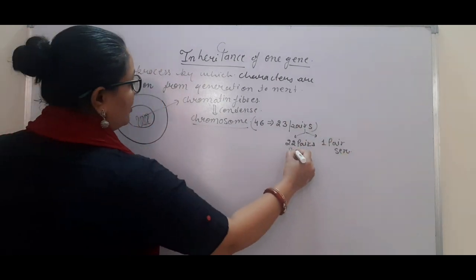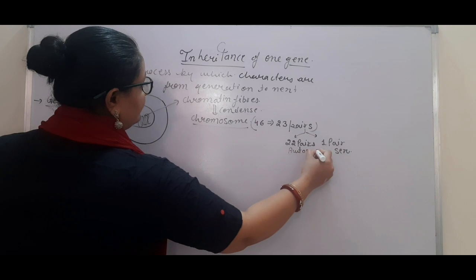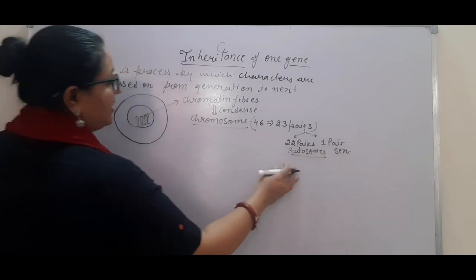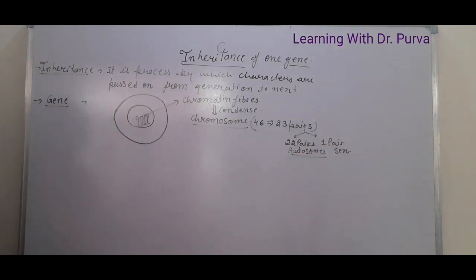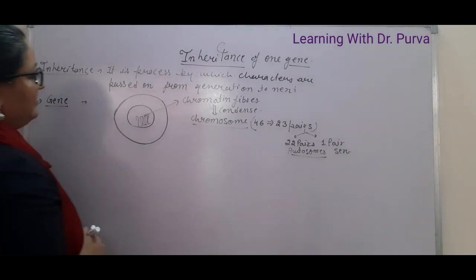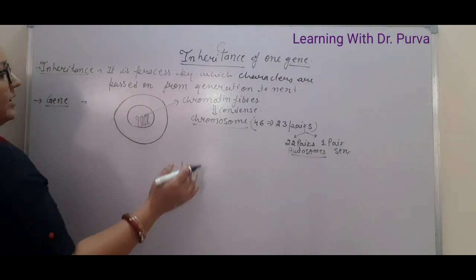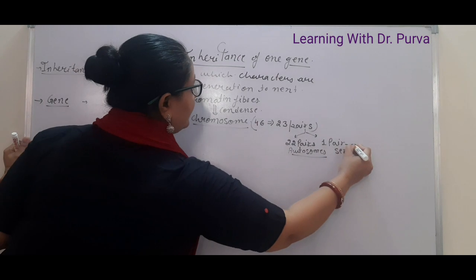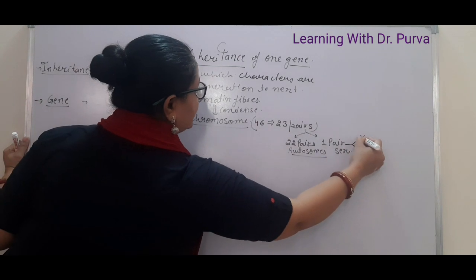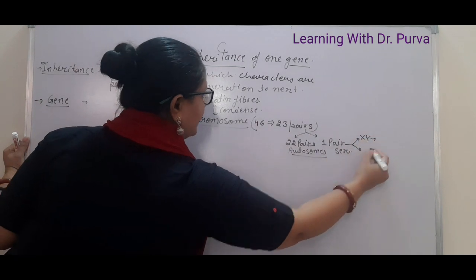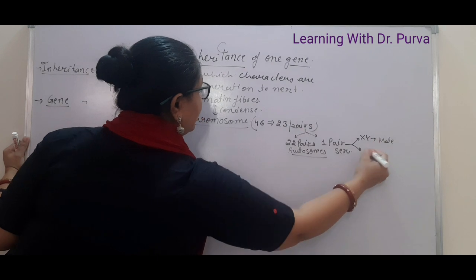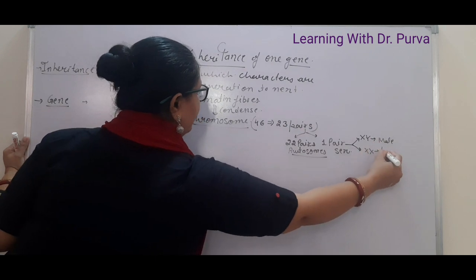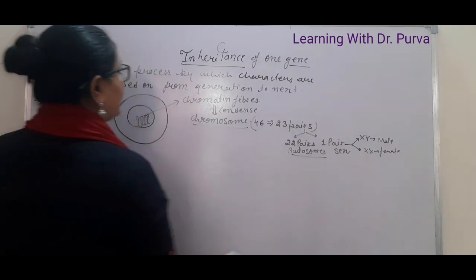Autosomes do not play any important role in determination of sex, but that one pair plays a very important role in sex determination. If it is XY, then it would be male, and if it is XX, then it would be female. So that's about the chromosome.